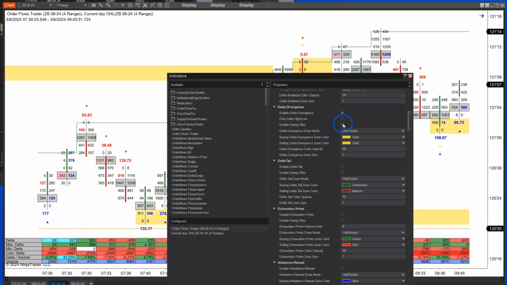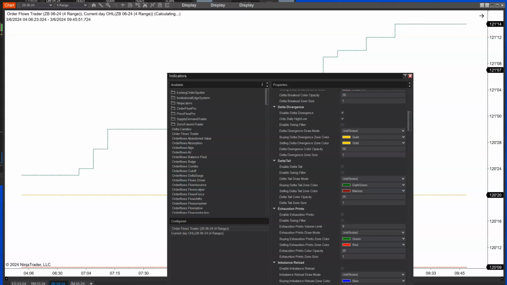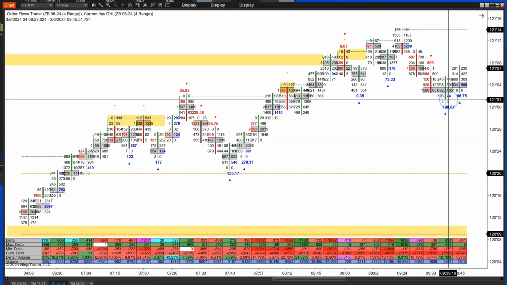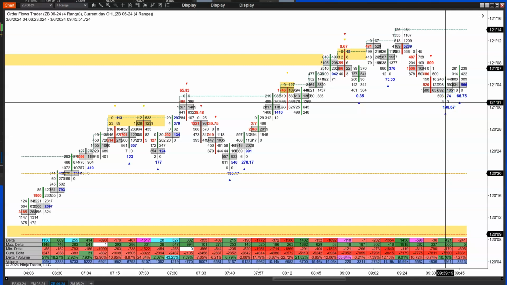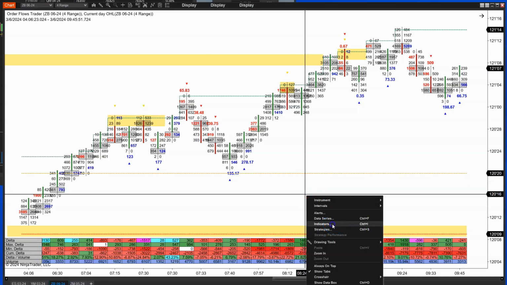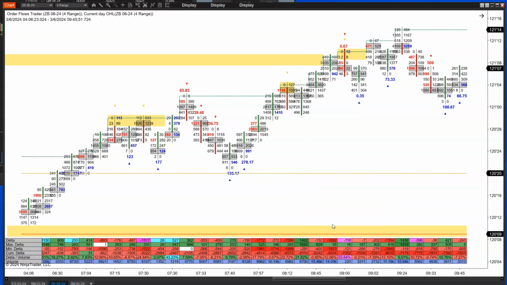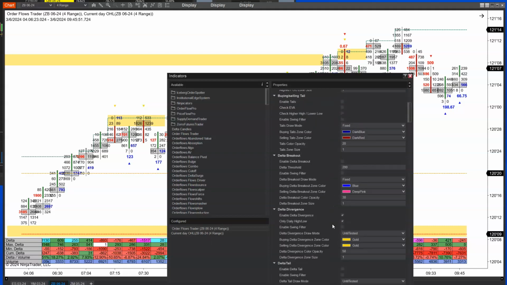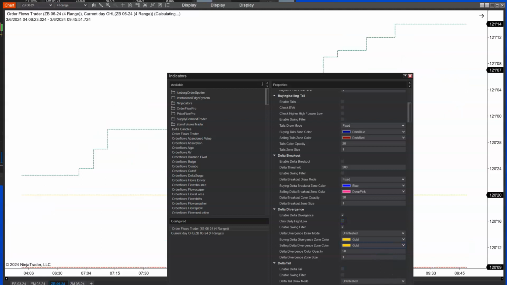If I'm just looking at delta divergence only on swing high and swing low, right? That trade's not there. That trade's not there because it's only looking for divergences at the highs or lows of the days. And imagine, that just opens up a whole new layer of trades for you, because now you could be looking at swing highs and swing lows.